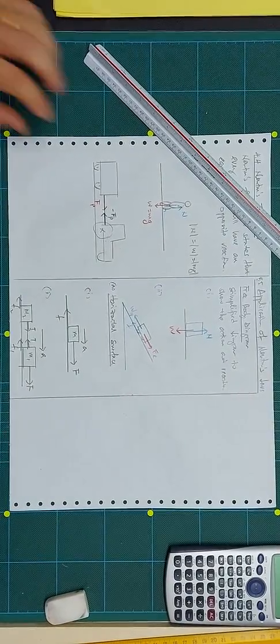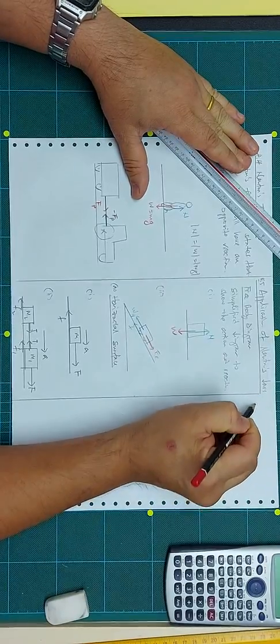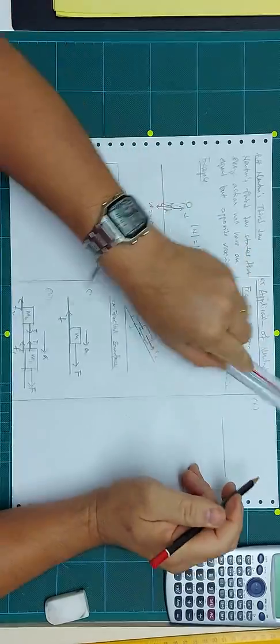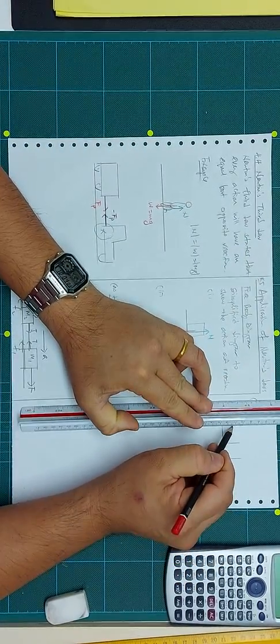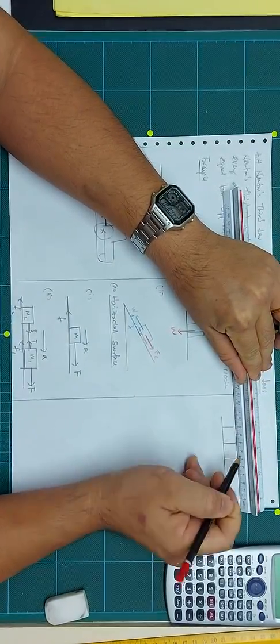Other than this, we can also have a horizontal motion that is not only pulling, but pushing. You push something with a certain force and see what happens to it.